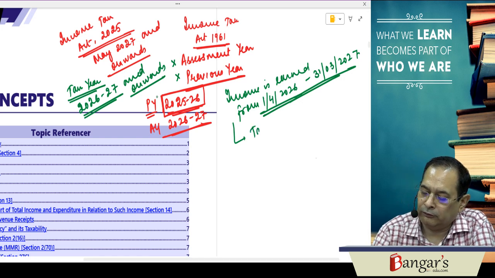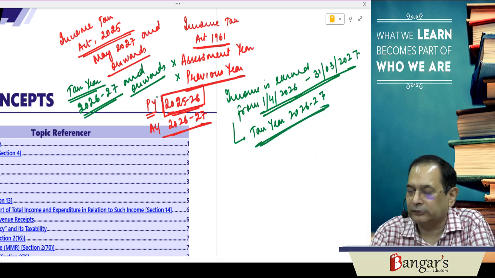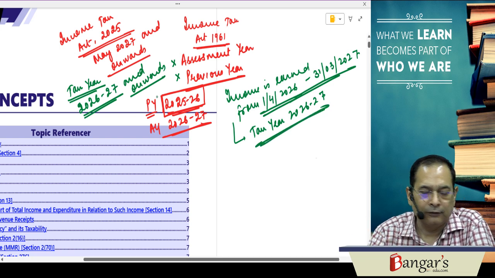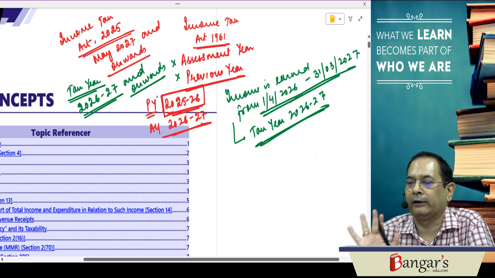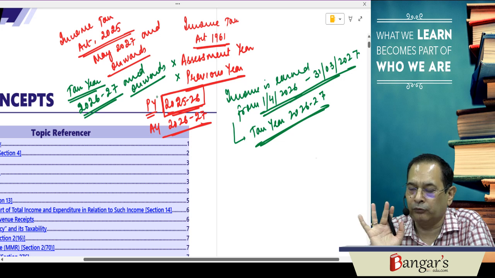That means it is tax year 26-27. It will be taxed at the rates which are applicable for the said tax year. So if you are earning any income from 1/4/2026 to 31/3/2027, it would be taxed in tax year 26-27.